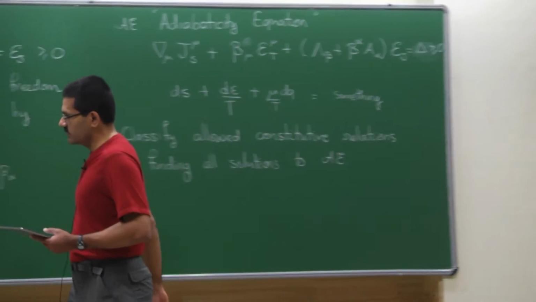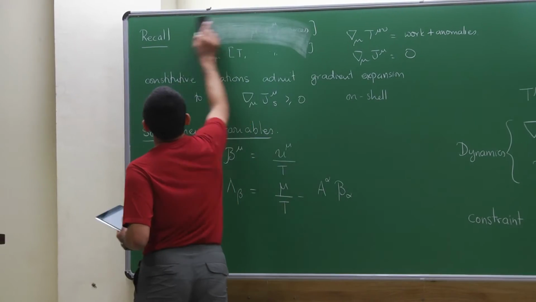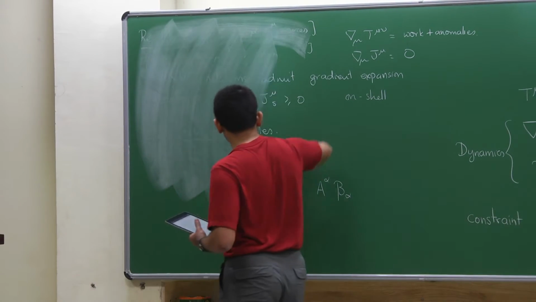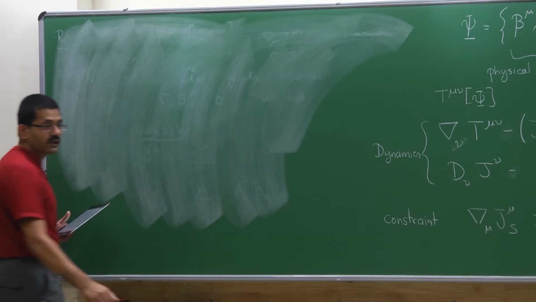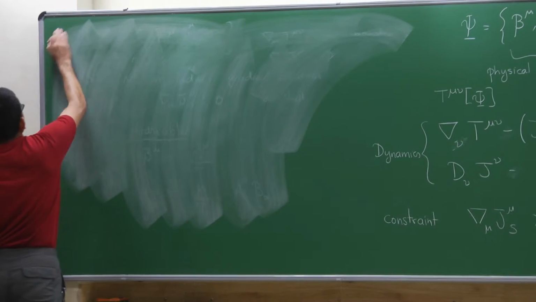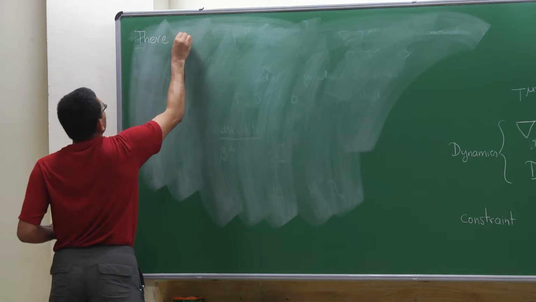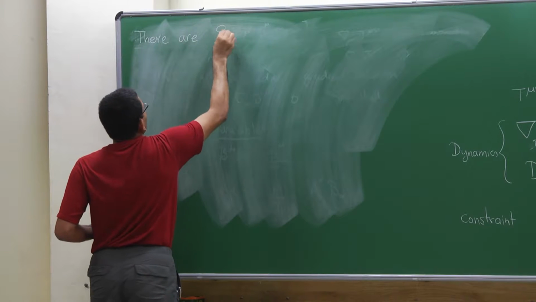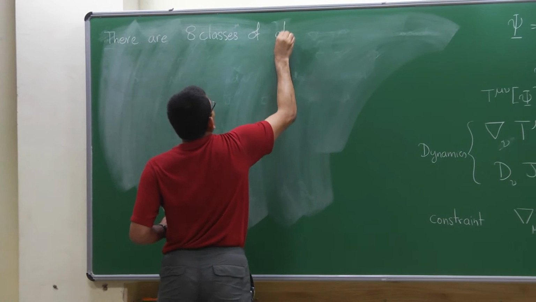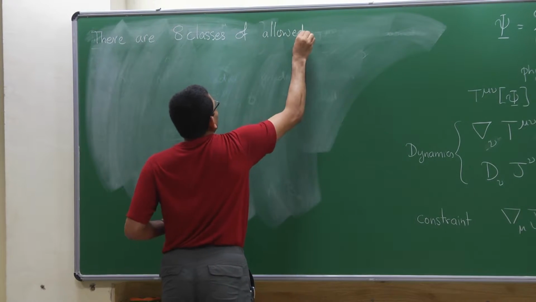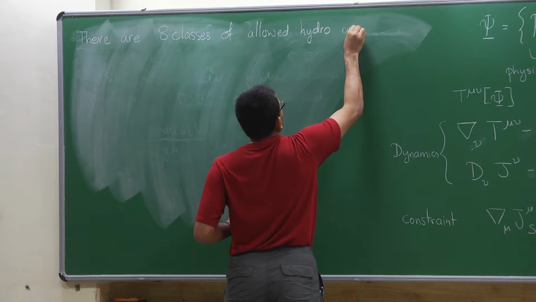And let me tell you the answer, and then tell you how we got the answer. There are precisely 8 classes of allowed hydroconstitutive relations.